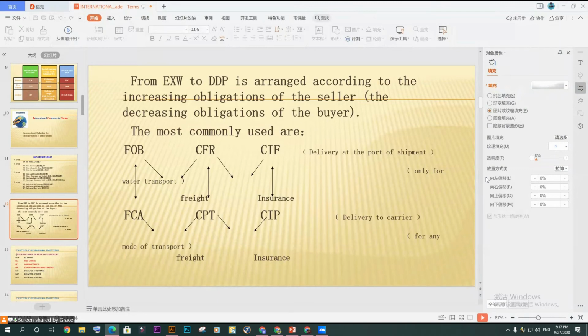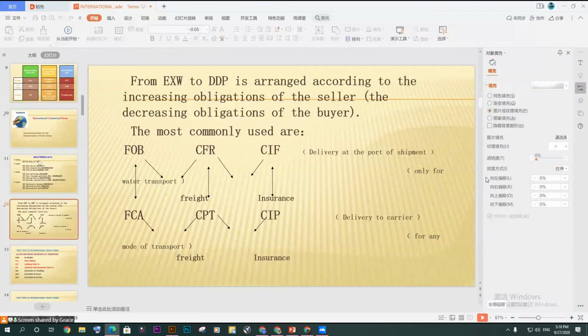There are 1, 2, 3, 4, 5, 6, 7, yes, 7 of them. And the other four trade terms are only for sea and inland waterway transport.